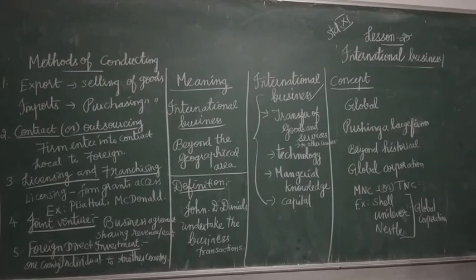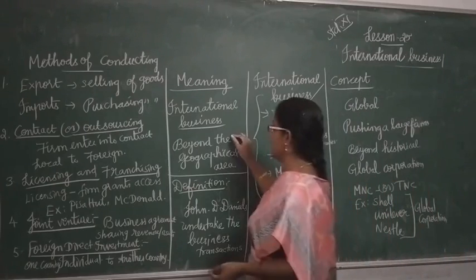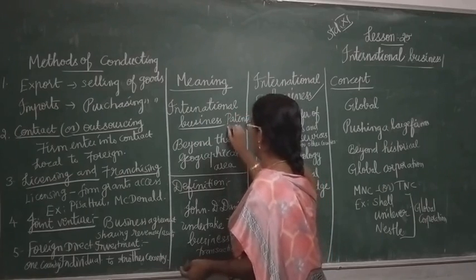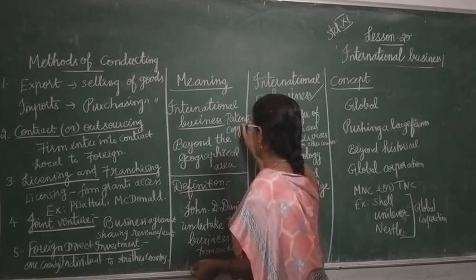What is intellectual property? Already you know, that is patent, copyright, isn't it? That is called intellectual property: patent, copyright, trademark.